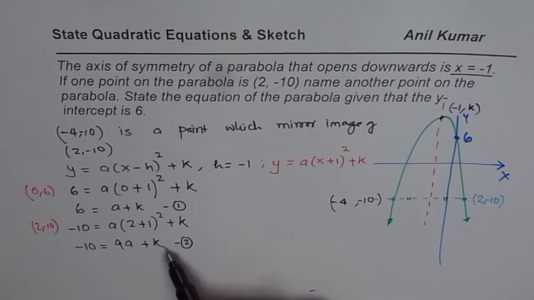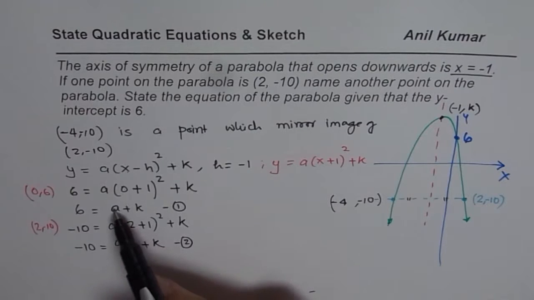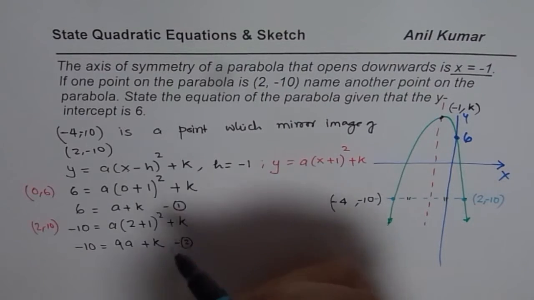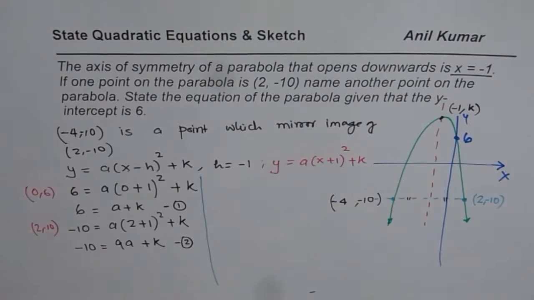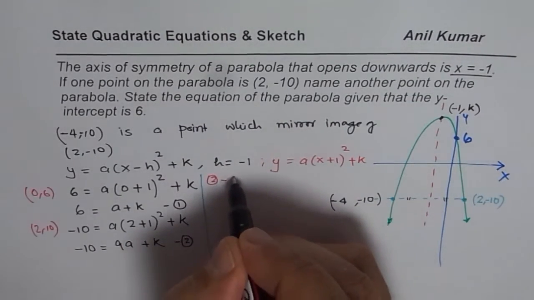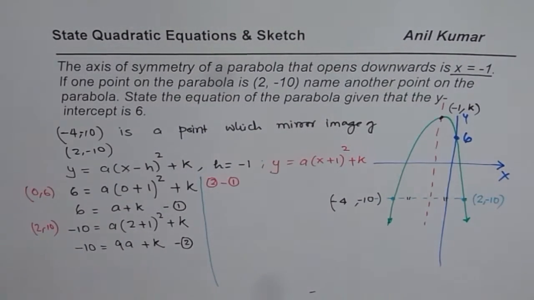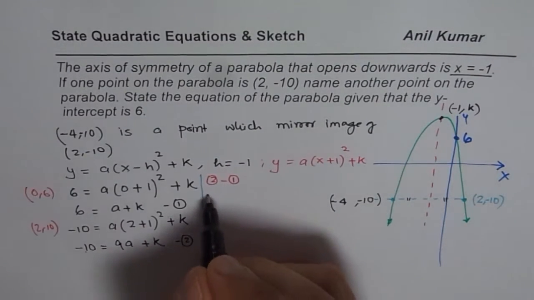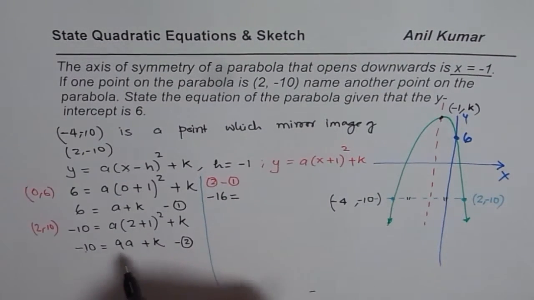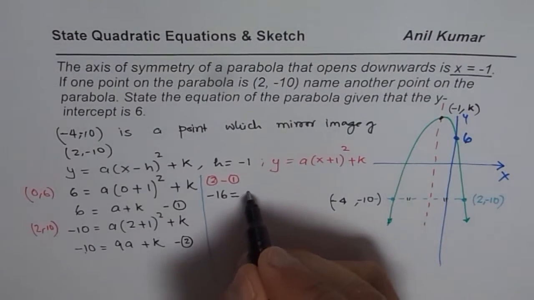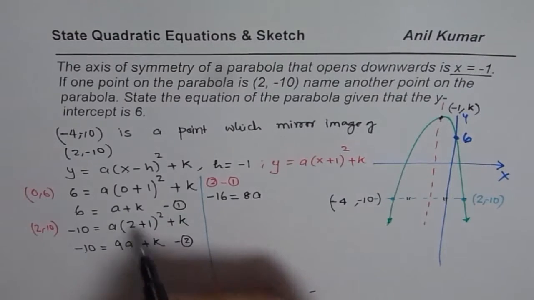Now from these two equations we can find the value of a. If I do equation 2 minus equation 1, I get minus 10 minus 6, which is minus 16, equals 9a minus a, which is 8a. k minus k is 0.